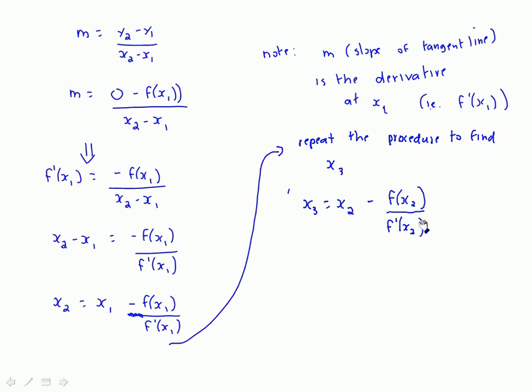You keep doing that. Same thing would be true to get a still better approximation. x4 would be equal to x3 minus f at x3 divided by f prime at x3, and so on.